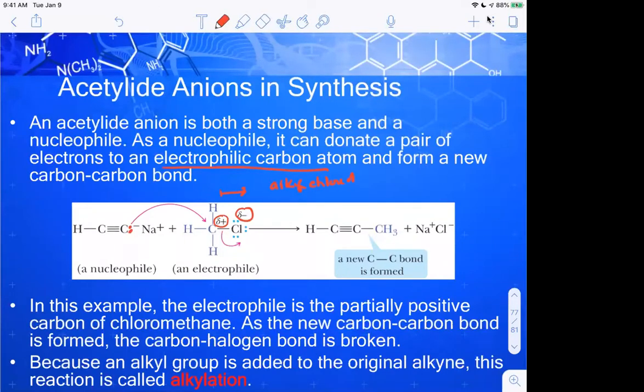And notice my negative charge, my electrons are going to attack that electrophile and kick out that chlorine. So this is that new carbon-carbon bond. And what I end up with is just sodium chloride. It's really important that I form this new carbon-carbon bond.